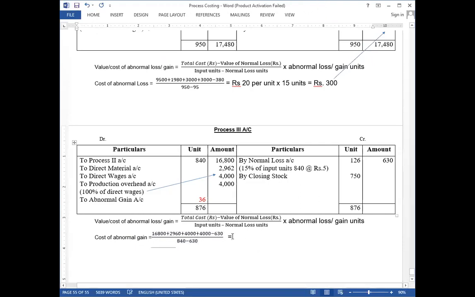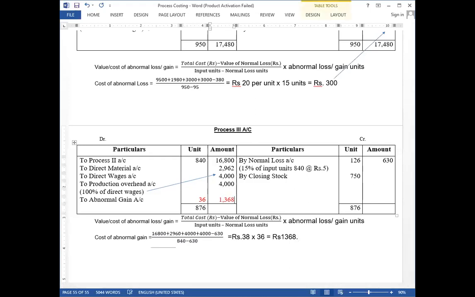If I take it, I'm getting cost per unit as rupees 38. 38 multiplied by abnormal gain units 36 is rupees 1,368. Right? So I will write 1,368 in the amount column. Okay, step number 4 is over.